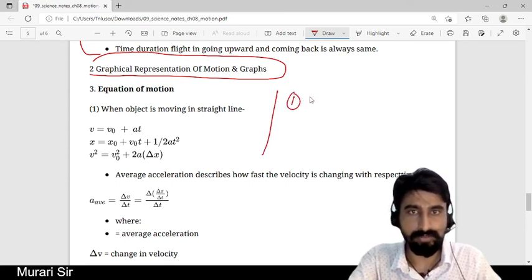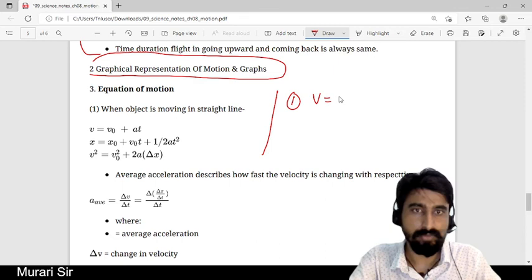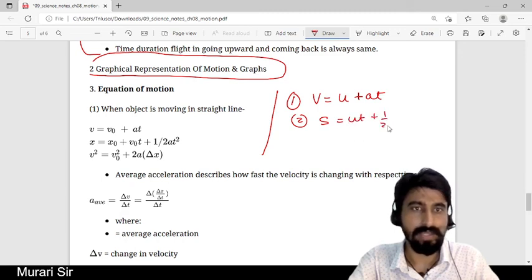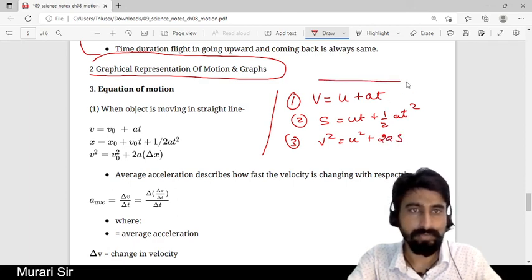Equations of motion: first, v is equal to u plus at. Second, s is equal to ut plus half at square. And the third, v square is equal to u square plus 2as. We will be covering all these three equations in our next video.